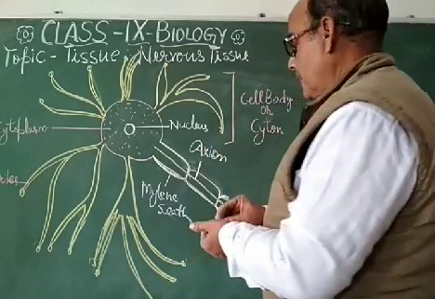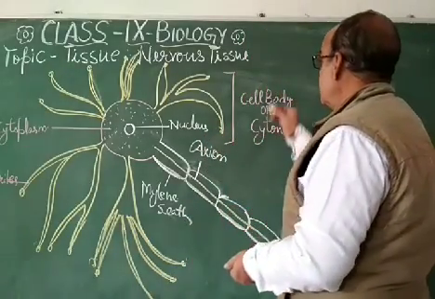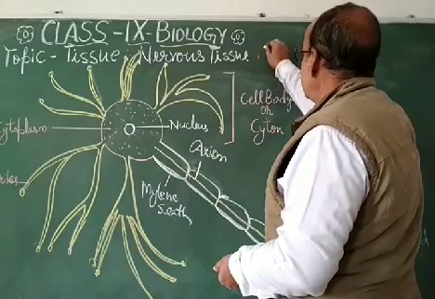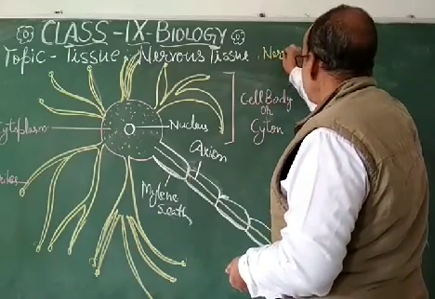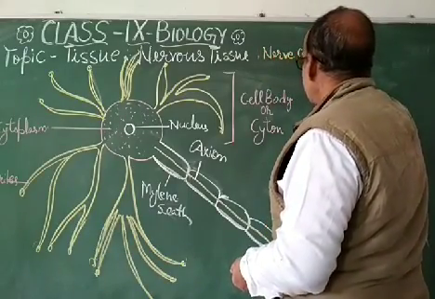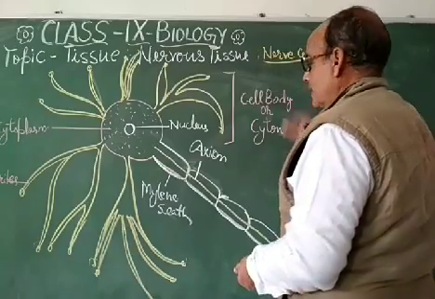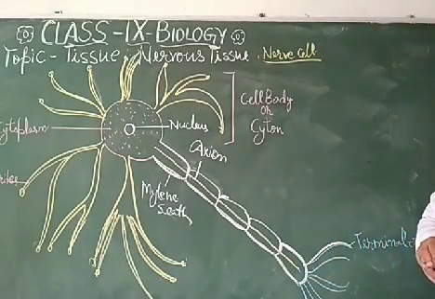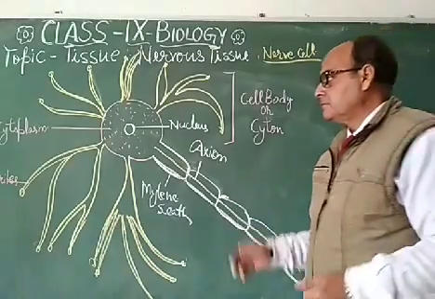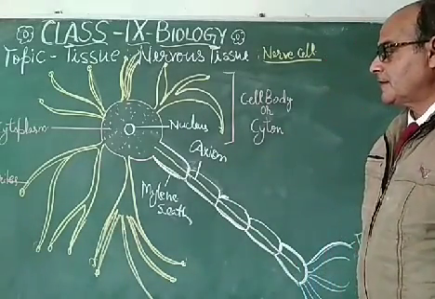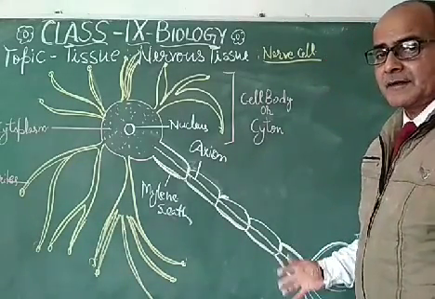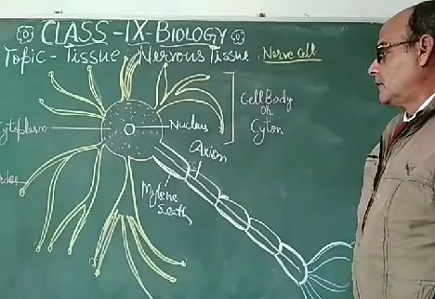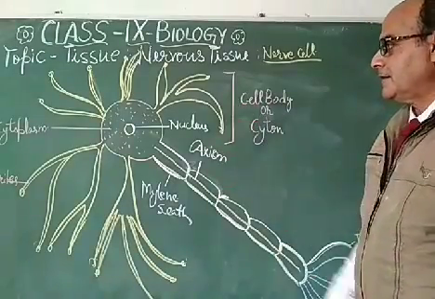This is the structure of a nerve cell. This is a single nerve cell, and this nerve cell is responsible for the formation of the complicated nervous system. Dear students, let us explain this.